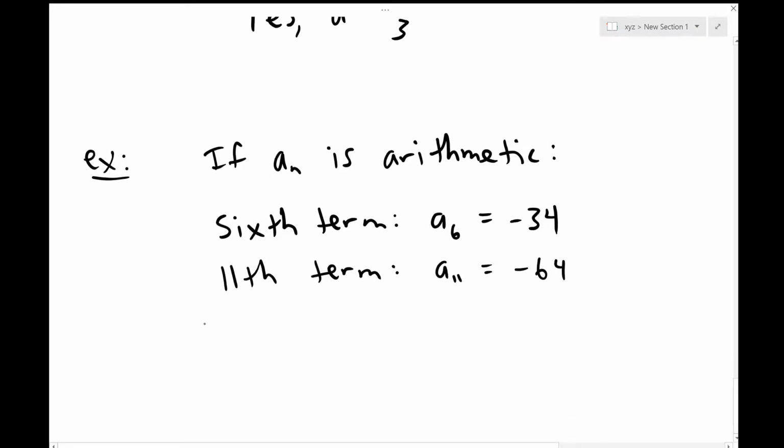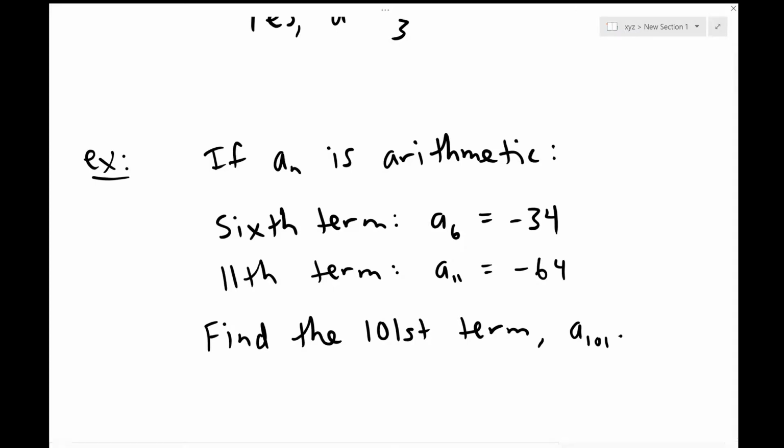What we're going to do here is we're going to find the 101st term of this sequence, or a sub 101 if you prefer. So how would we do that when we are given two specific terms in the sequence? Well, what we want to do is basically to create a system of equations.